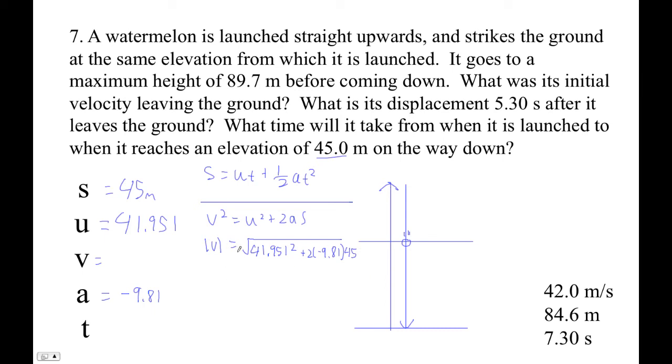Okay, so let's figure this out here. Square root of that answer squared, plus 2 times negative 9.81. Don't forget to make the 9.81 negative. Times 45. If you do that, it's all over. I'm getting 29.6144.